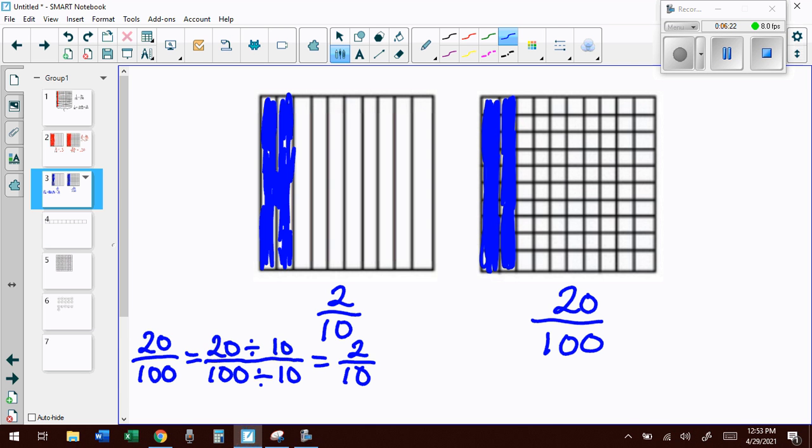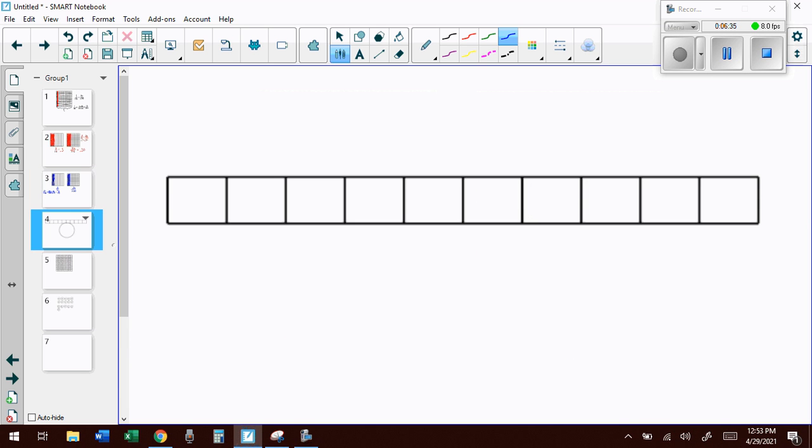So now, if you're counting, you don't always have an even number like 10, 20, 30. Not everything's always a multiple of 10. So what I'm going to do, like yesterday, is model 25 100ths.